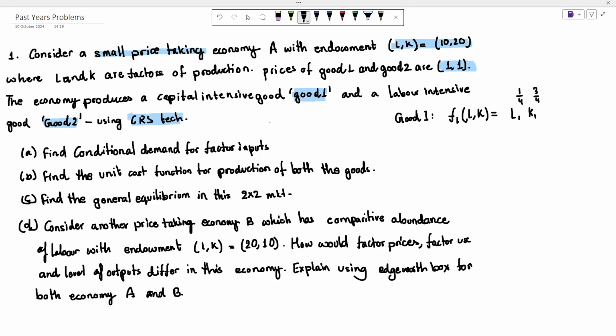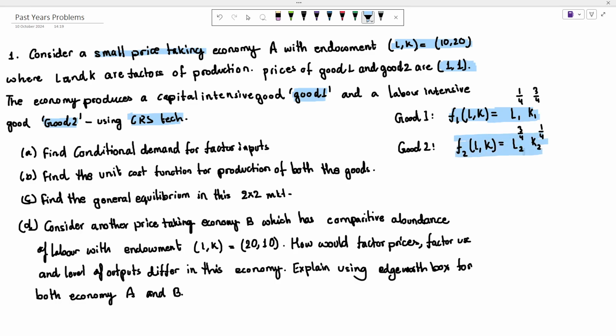So this is CRS. And for good 2, it is L2 to the power 1/3... 3/4, and K2 to the power 1/4. So these are the CRS production functions.